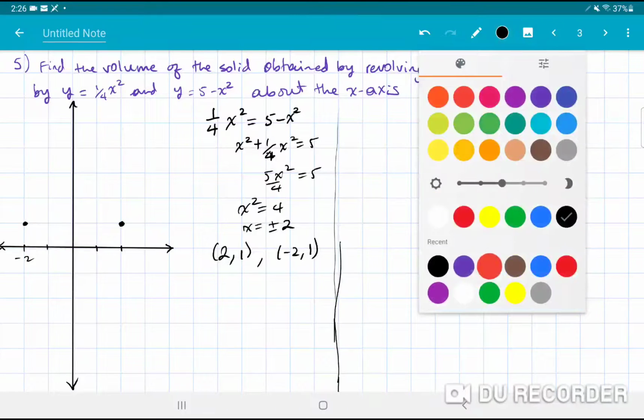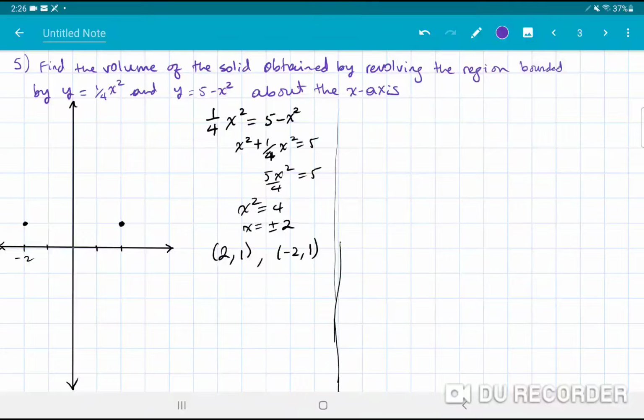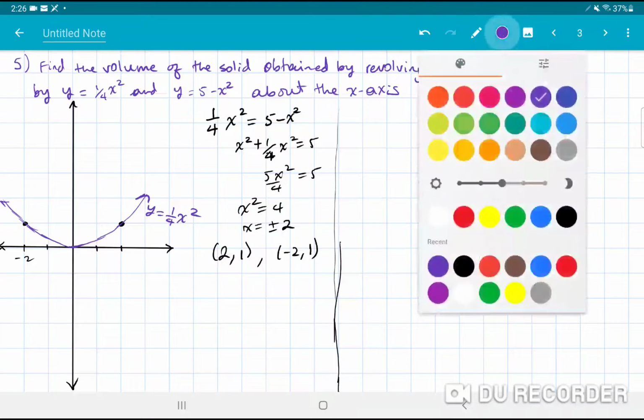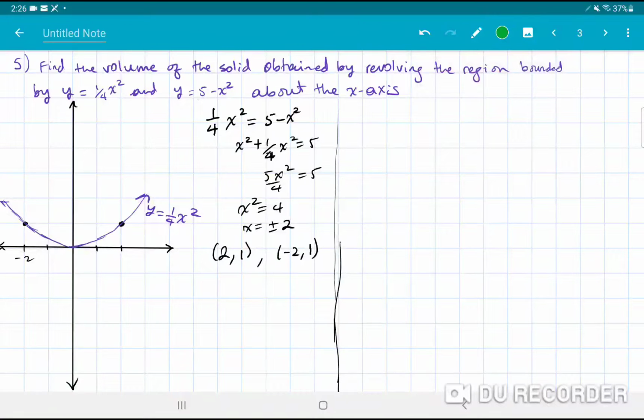So the graph of the first curve, y equals 1/4 x squared, looks like this. That's a parabola. And the other graph is also a parabola turned downwards, 5 minus x squared. So it's minus x squared shifted 5 units up.